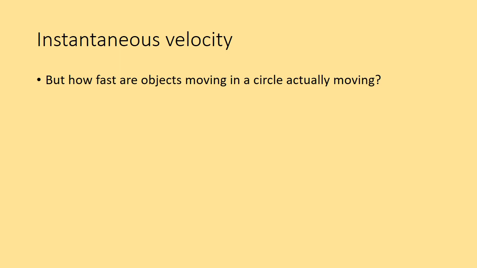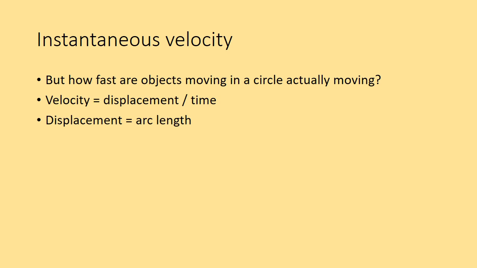You have a force pulling it into a circle, and you can measure the velocity of the satellite. Now, it's moving around in a circle, so again, velocity is displacement divided by time. Now, the displacement here is the arc length. It's the length actually travelled over that portion of the circle.